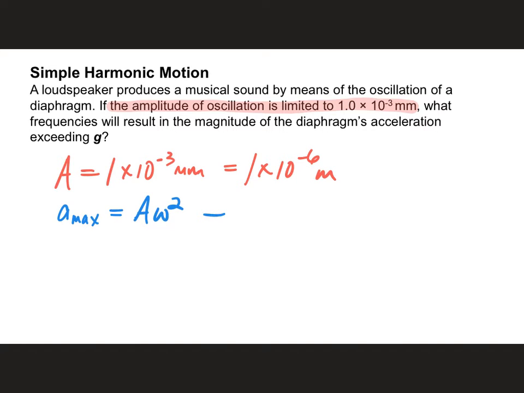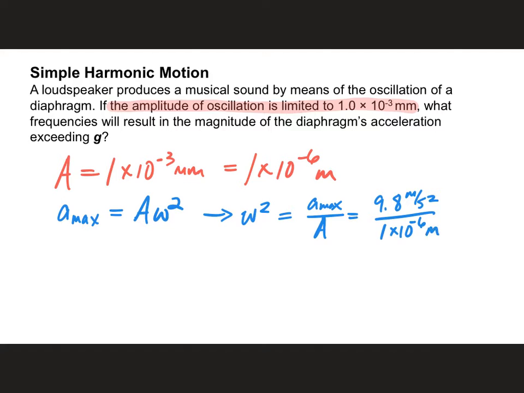So that means I can go straight for the angular speed, which is an angular frequency. And that's just going to end up being our max acceleration over the amplitude, and our max acceleration was 9.8 meters per second squared, gravity, g, and we have the amplitude right off, it's given to us.